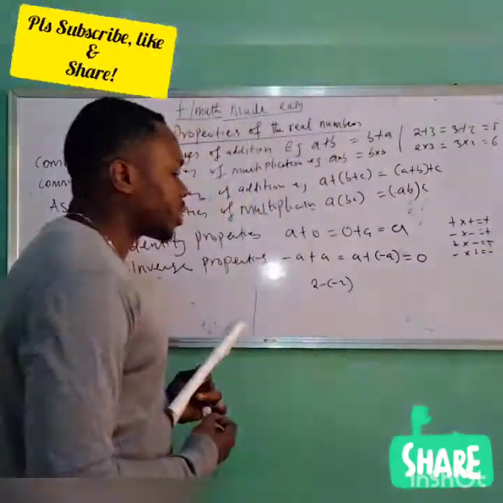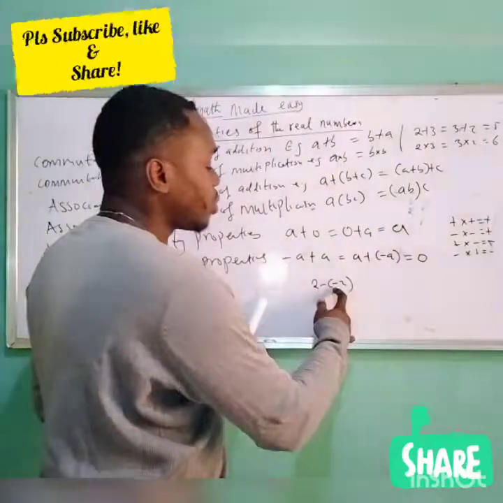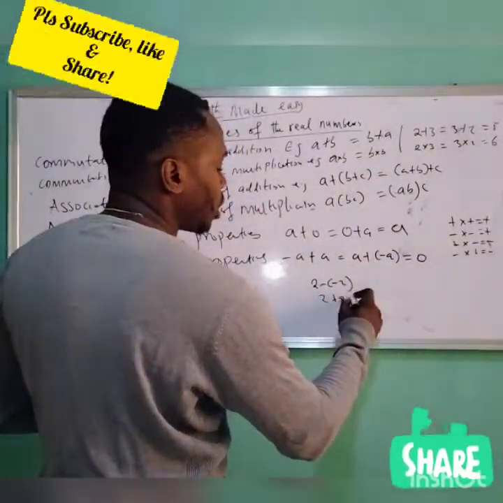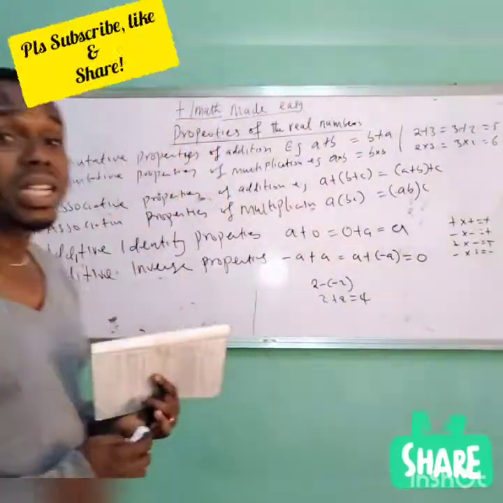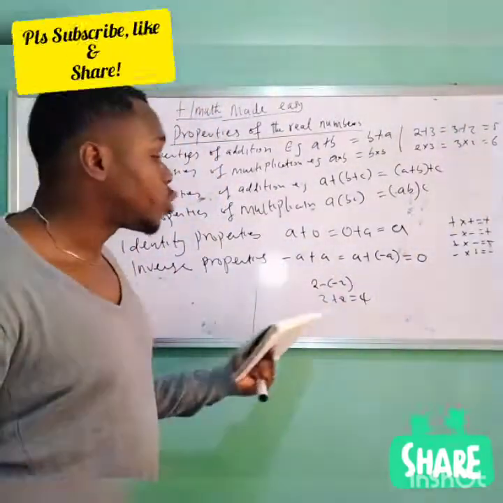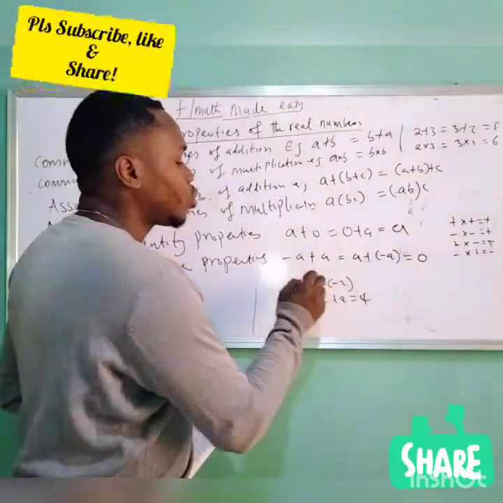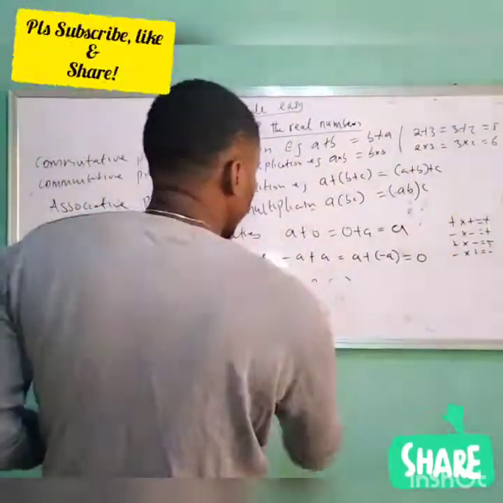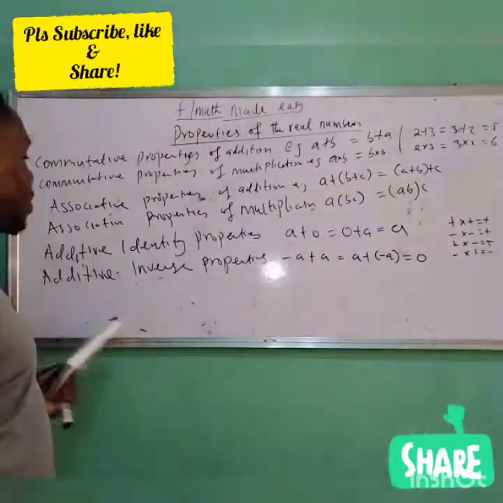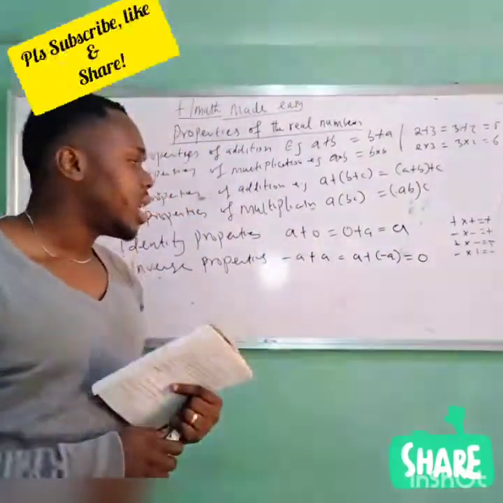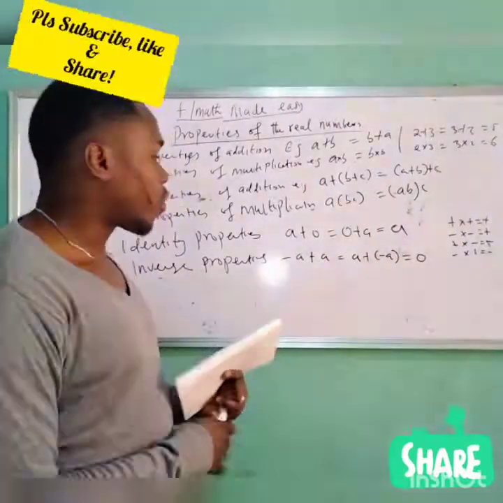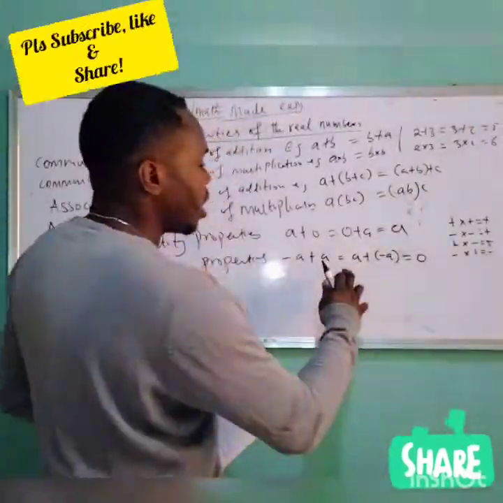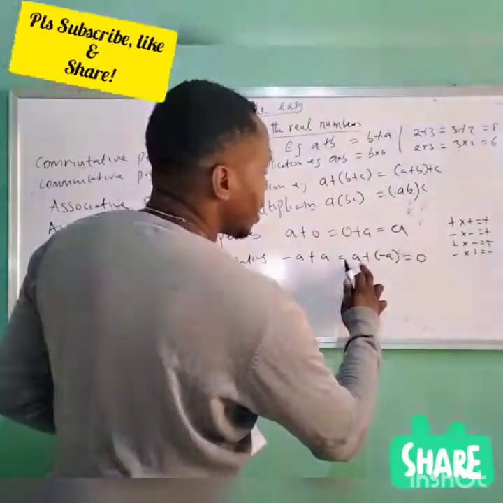Because minus times minus will definitely give you plus, that is why 2 plus 2 is equal to 4, but the actual presentation of this is 2 plus into bracket minus 2. So to explain the additive inverse, it is true for minus a plus a is equal to a plus minus a.